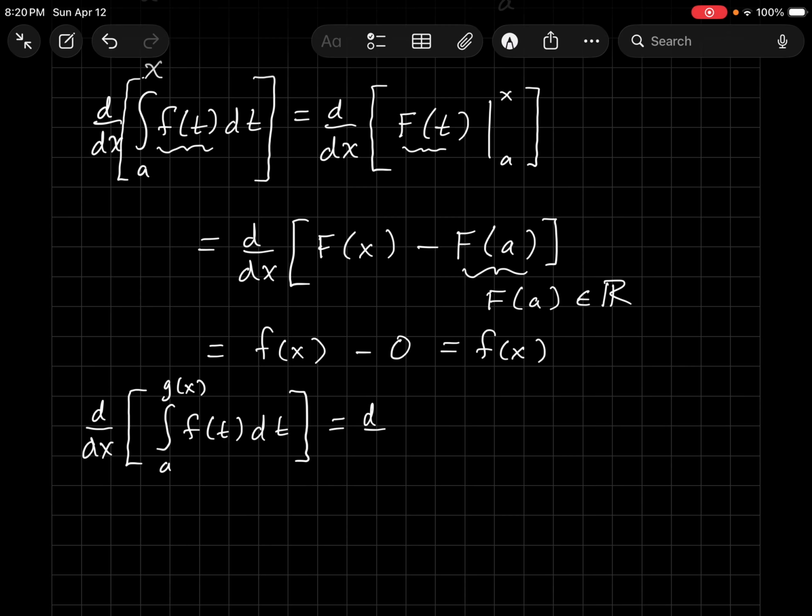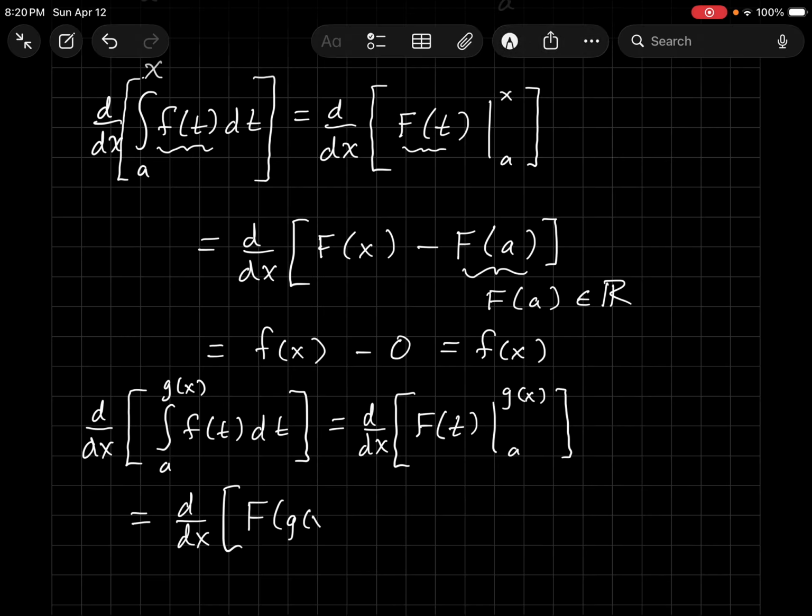Once again, we will do the Fundamental Theorem Part 1, taking the antiderivative of little f, giving us big F, from a to g of x. And now we can take the derivative of each piece. Where we're going to take the derivative of big F of g of x minus the derivative of big F of a.